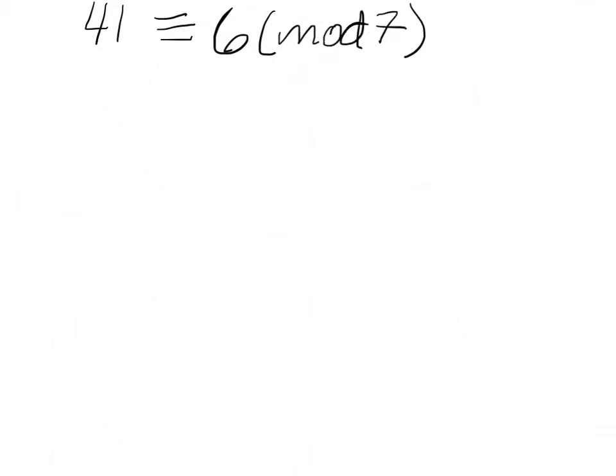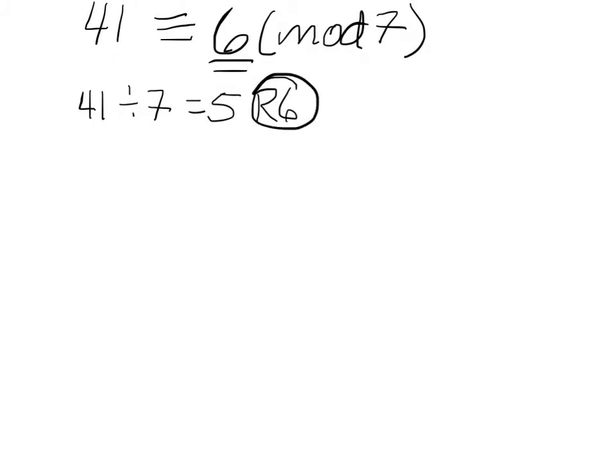It's an interesting thing, but it's a nice little arithmetic, and we'll look at a couple of examples. So the first problems you have are problems like this, and they're asking you, is this true or false? So does 41 have a remainder of 6 under mod 7? Well, how would I figure it out? I'd take 41 divided by 7, and that's equal to 5 with a remainder of 6. So the reality is 41 is congruent to 6 in mod 7 arithmetic because it has a remainder of 6. Alright, let's pick one that's not true.